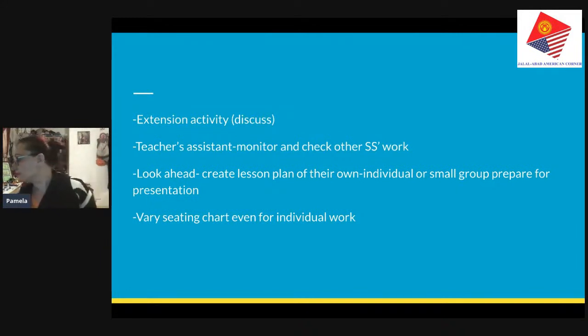Also, sometimes this is something to think about. Sometimes the students want to not sit next to their friends, but they feel like their friends' feelings will be hurt. And they actually feel like they get more done and they are more productive and learn more if they are not sitting next to their best friend.